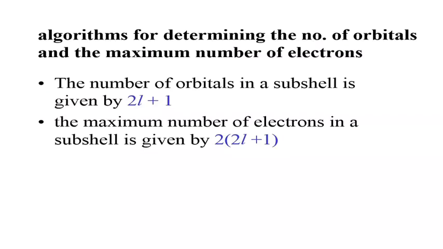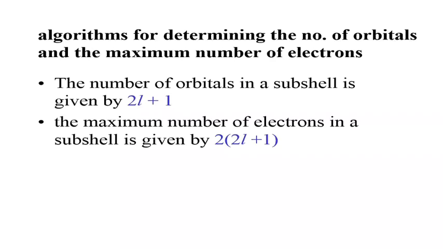And this kind of goes back to, remember we said that L, your angular momentum number, which is your subshell type, has values of 0, plus or minus 1, plus or minus 2, all the way up to n minus 1.